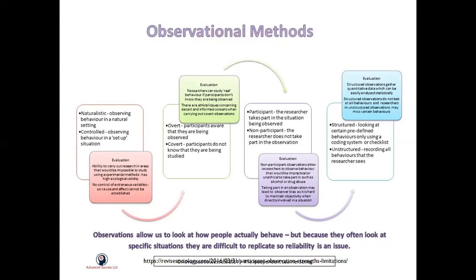Other type of observation is structured or unstructured, wherein we look at certain predefined behaviors using a coding system or a checklist, or you record the behavior as you see. Now, structured observations give us quantitative data, and those can be analyzed statistically.